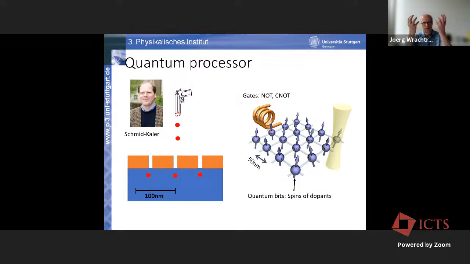We extract these nitrogen ions from ion traps, and Ferdinand Schmidt-Kaler, Mainz University, is an expert on doing this. And then we shoot them into the diamond. You need a certain kinetic energy to put them into the diamond through nano apertures, which we can produce with great precision. And by this, we achieve this kind of spacing.